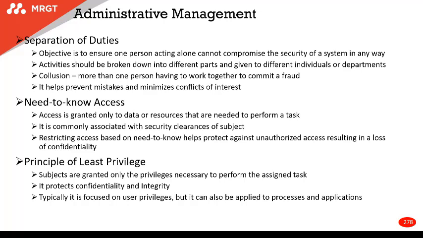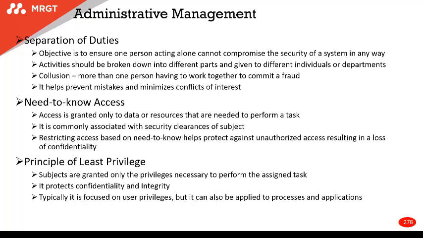Next, we need to make sure that need to know access is implemented while we are designing these roles. This was already discussed in domain 5 as well: need to know and least privilege must be taken into consideration when designing roles. Need to know is like, say for example, if 2 different guys are taking access to a certain shared resource.